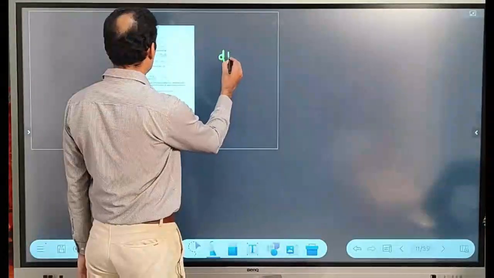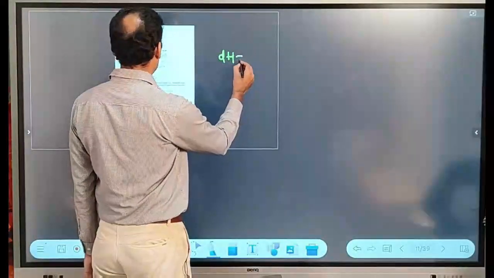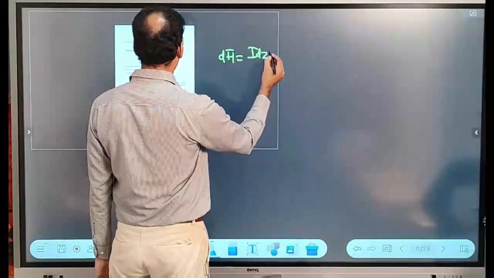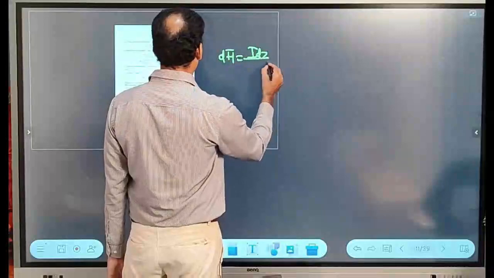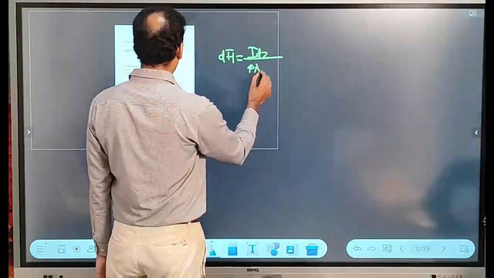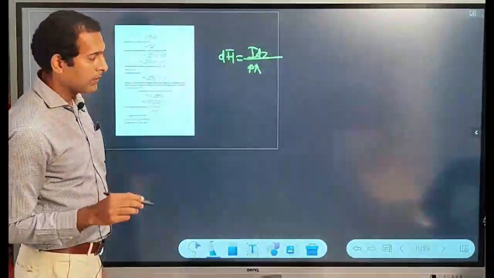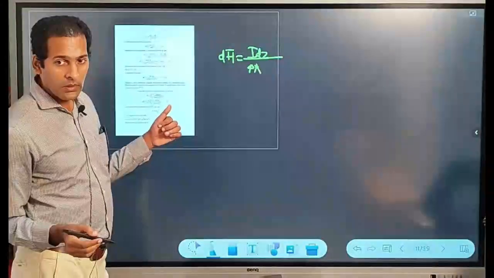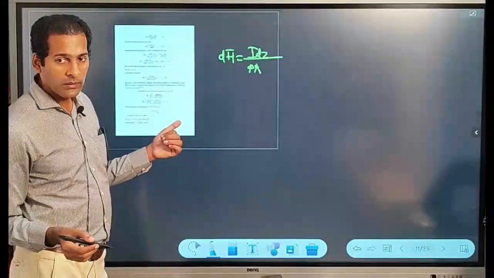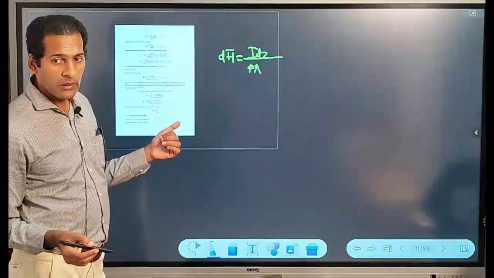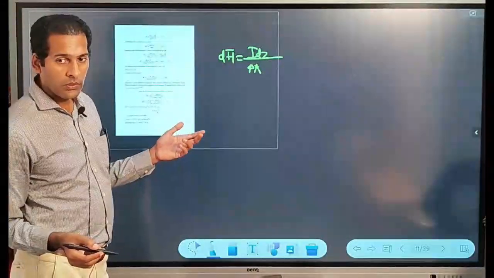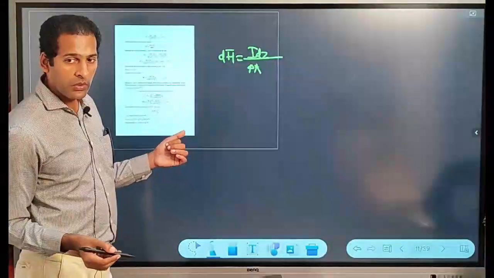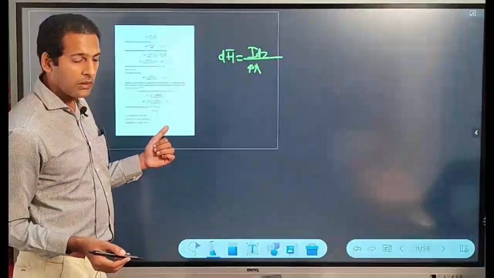We can write dH equal to I dz by 4 pi. Now we have r square. What is r bar? The magnitude of r bar is equal to the square root of r square plus z square.